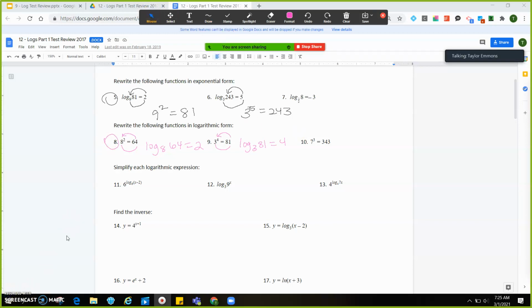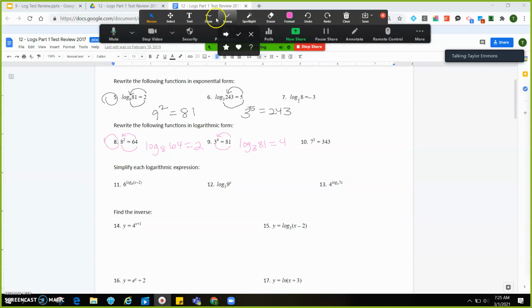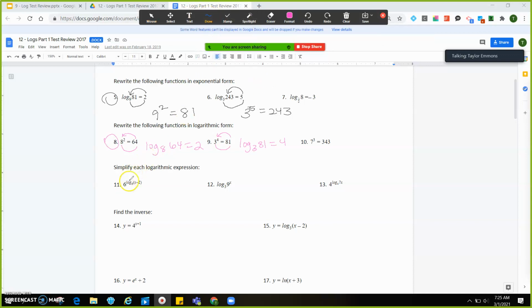So on number 11, we've got 6 to the log of base 6 of x minus 2. If you have a base that is the same for the exponent of the log, the base of the log and the base of the exponential, then those cancel out. So for instance, I have log of base 6 of log of base 6.